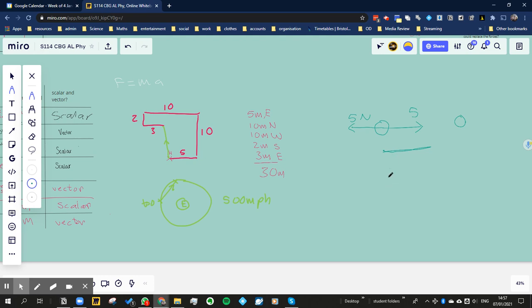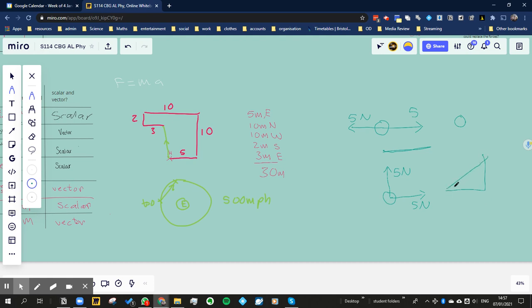The reason we have to use this A-level approach is when we end up with situations where they don't cancel out and they end up in different directions. So let's say we had 5 newtons up and 5 newtons here. If this was displacement, we would go 5 meters to the right and 5 meters up. What's the total displacement?